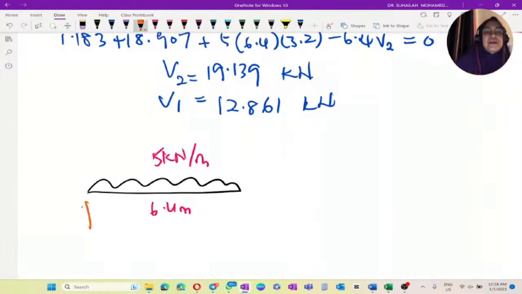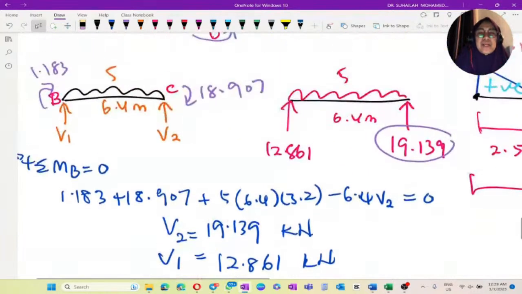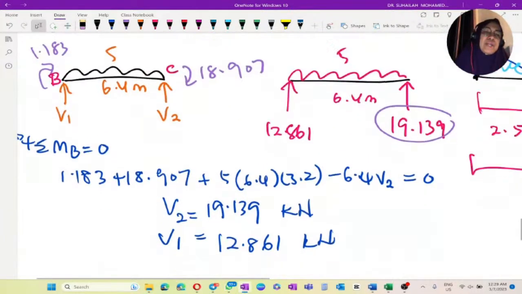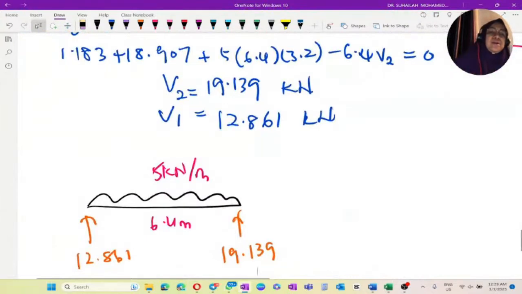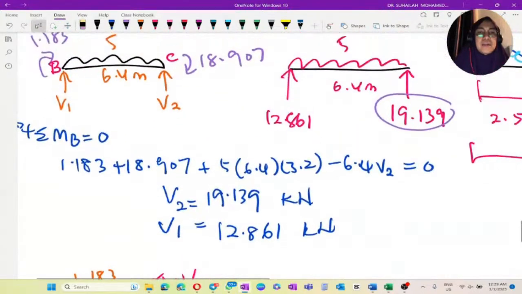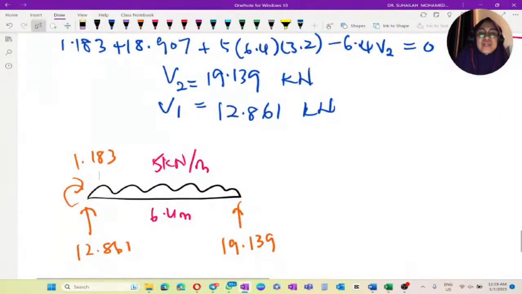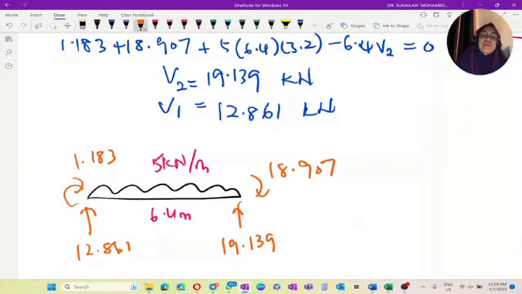And then the shear value is 12.861 and 19.139. And then don't forget to put the moment. The moment is 1.183 and 18.907.